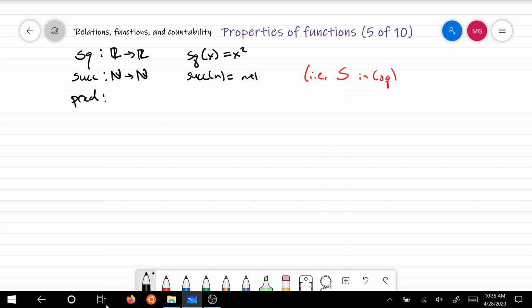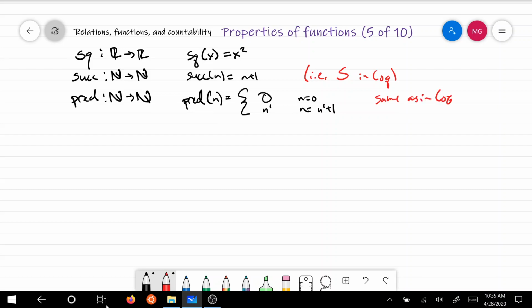Okay, so there's that function. Pred is the same one that we know from Coq.